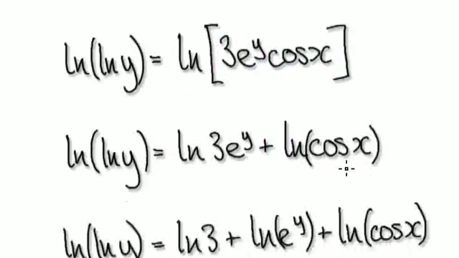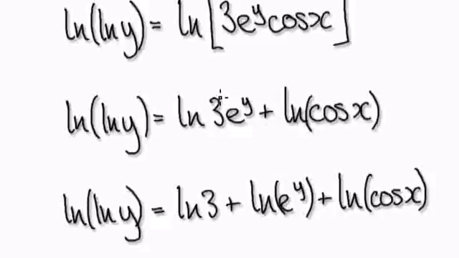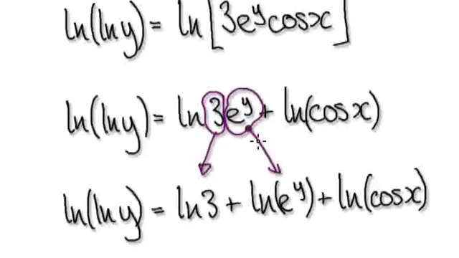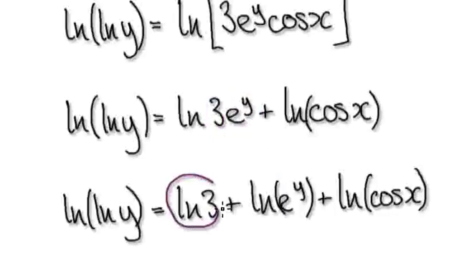Okay, and then look at this bit here. Now at the moment you've got the natural log of this whole bubble here, but then visualize it as this. You've got one bubble here and one bubble here. So you can then break this into this and then this into this. And bear in mind that this here is a constant. It's just a number. So when you differentiate it, it will be 0.